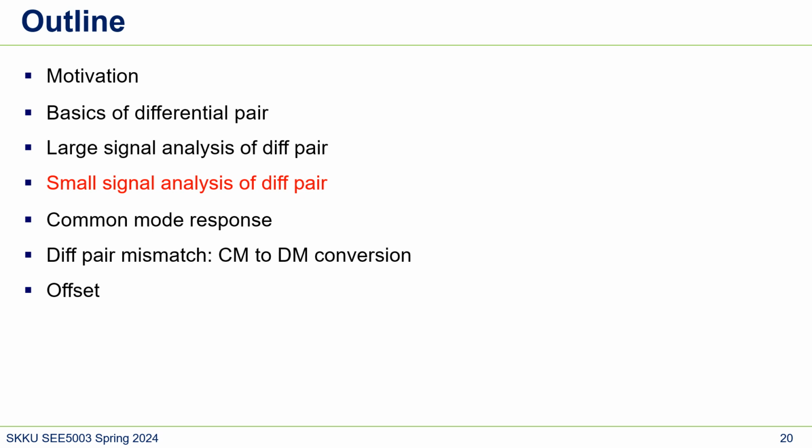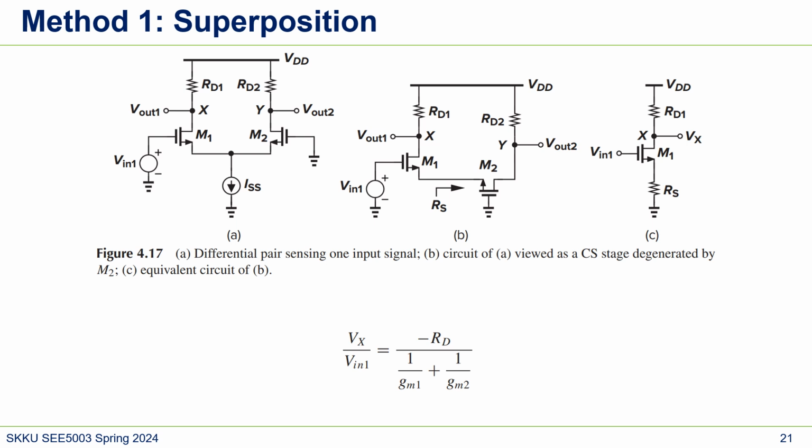Next is small signal analysis for the differential pair. The first method for the small signal model is superposition. What it does is we put Vin1 but ground Vin2. So we will only calculate Vin1 first, and then calculate Vin2 again. For Vin1, we would like to see this part first, Vx.